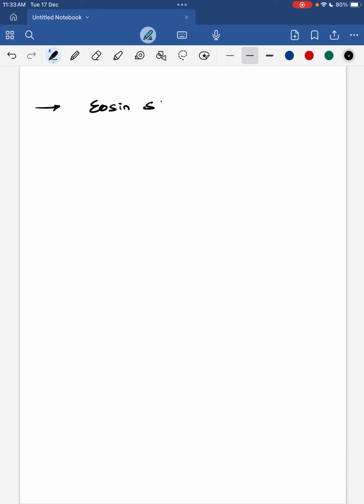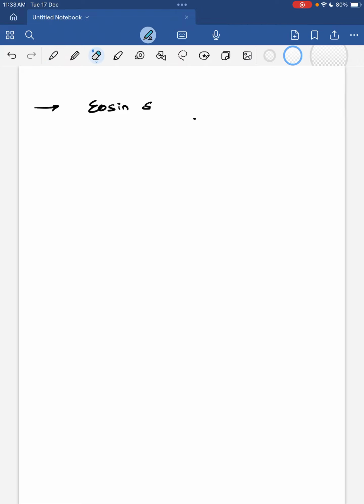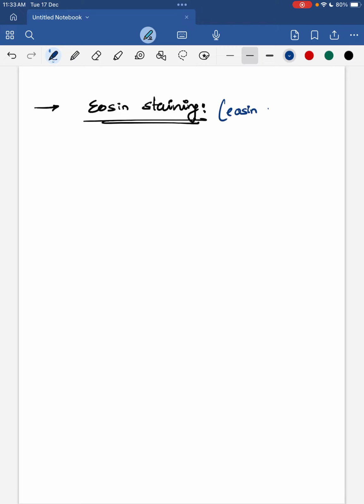Third one is your eosin stain. This all comes under your wet mount only. In eosin staining, you use 1% eosin aqueous solution.